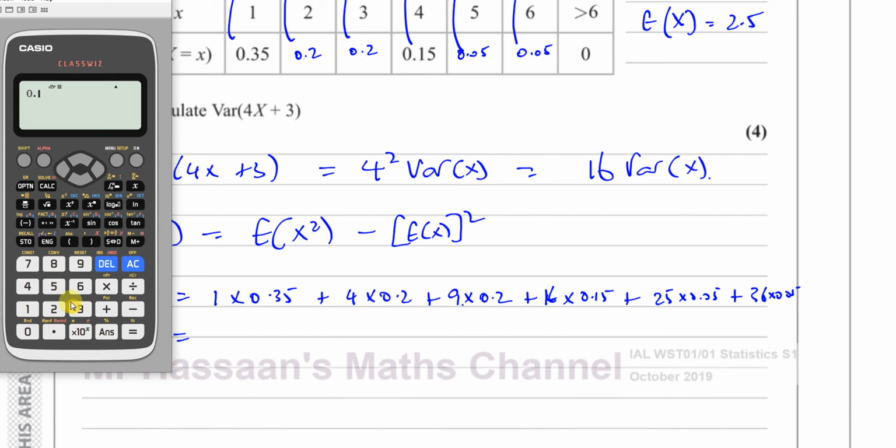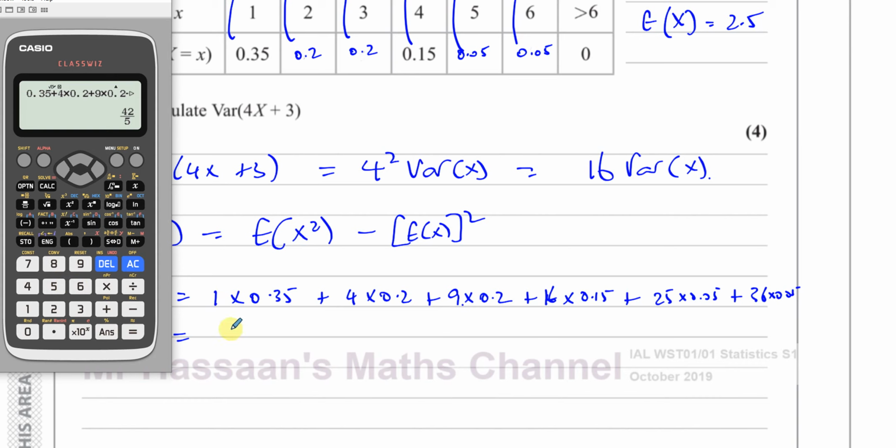So I have 0.35 plus 4 times 0.2 plus 9 times 0.2, plus 16 times 0.15, plus 25 times 0.05, plus 36 times 0.05.